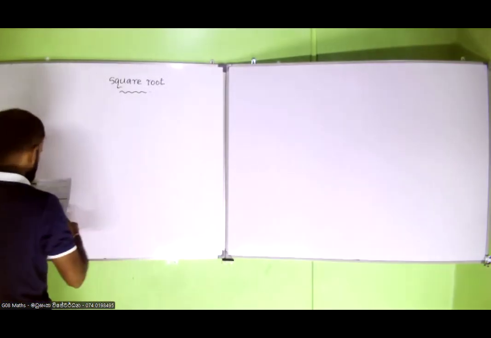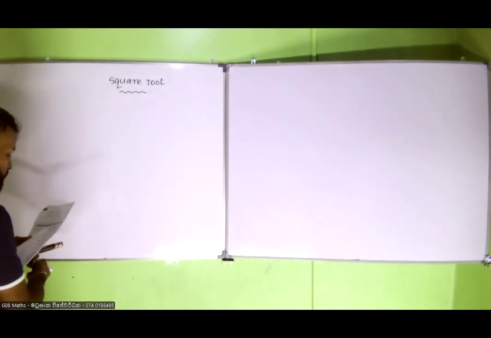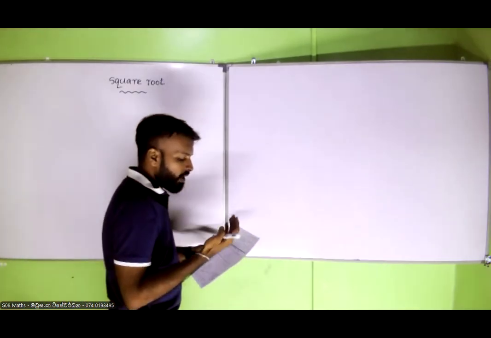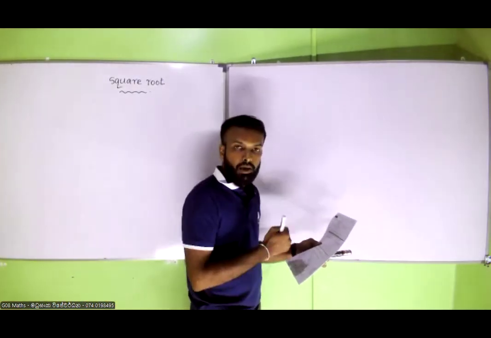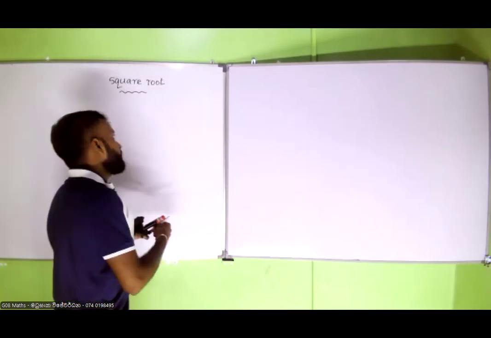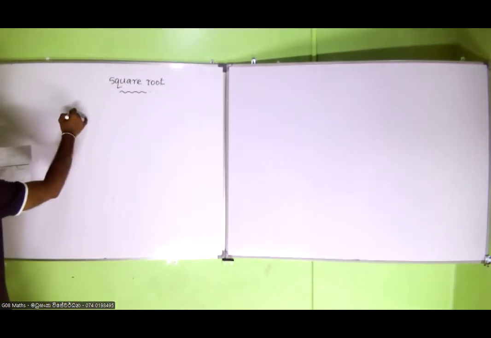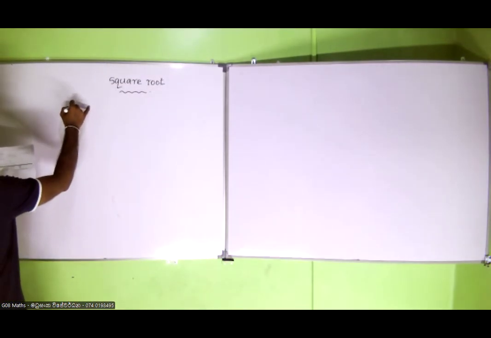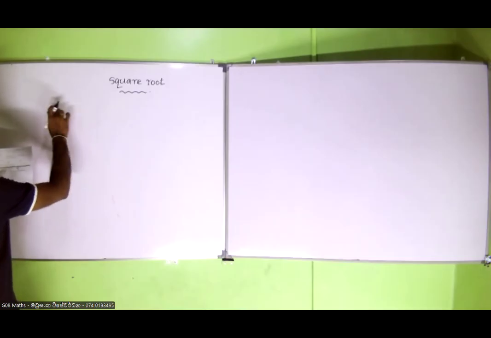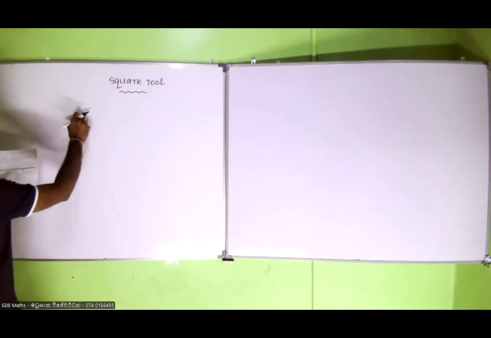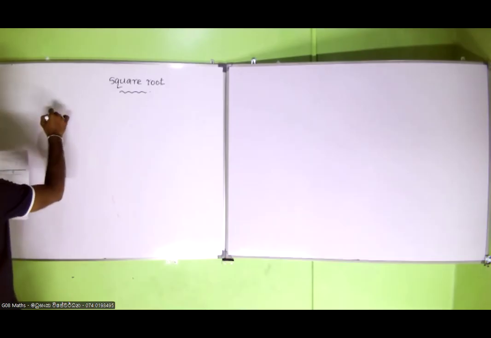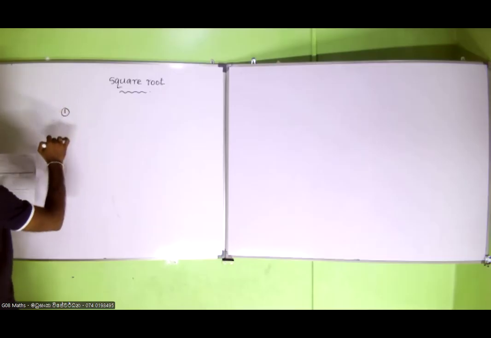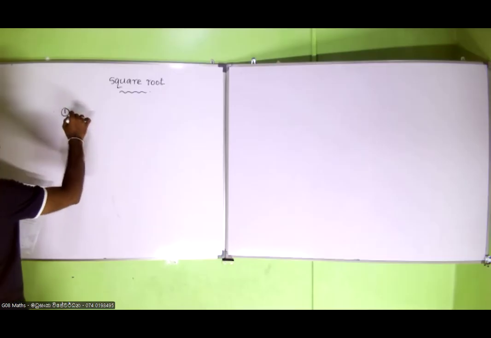So we already know this. At the beginning of the lesson, we have written this. The first column is the digit in the units place of the perfect square.